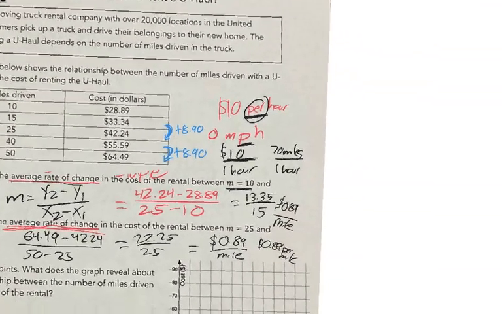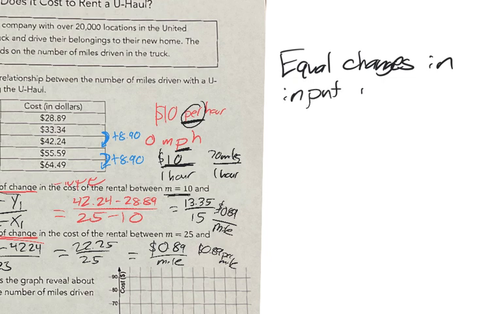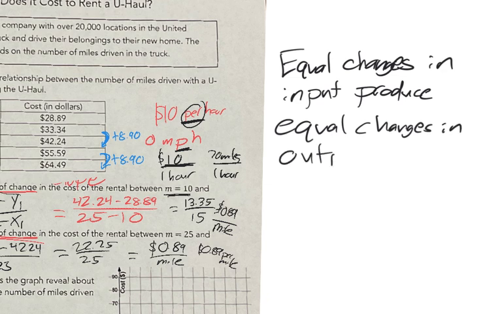And so then here's our big note. And again, I never used this wording before I taught the class last year. Equal changes in input produce equal changes in output, so the function is linear.